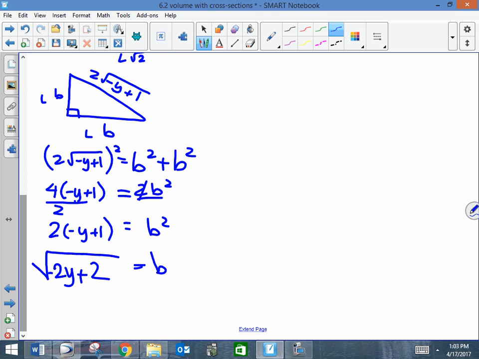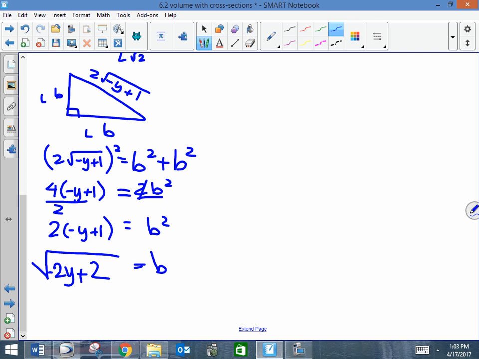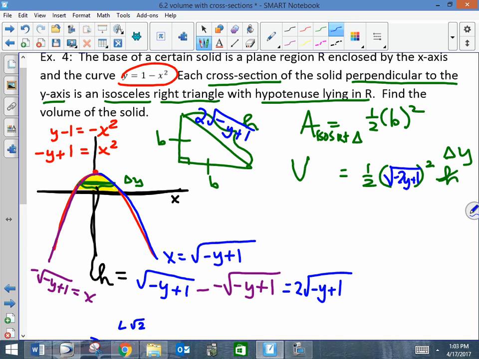Any questions? All right, that's where we put that up here: negative 2y plus 2, over 2.